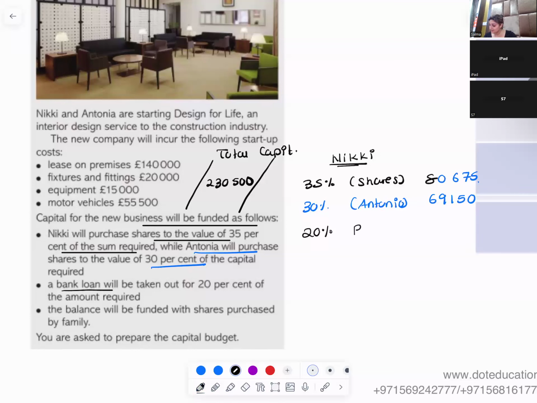20% will be the bank loan. 20% of 230,500 becomes 46,100.